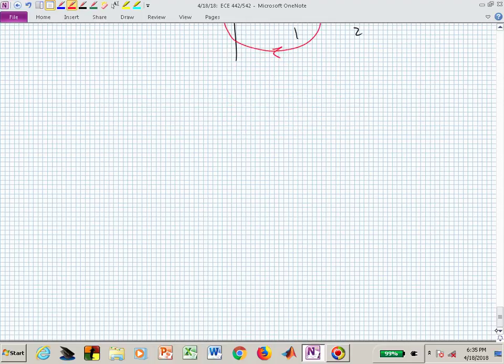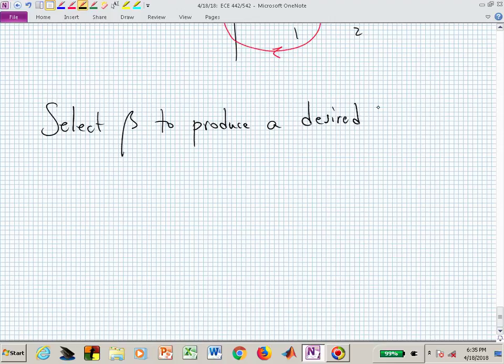That's the process. Let's select beta, the 0 location, to produce a desired root locus path. But in fact, we're going to do it sort of the opposite.